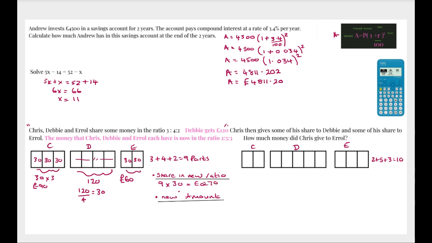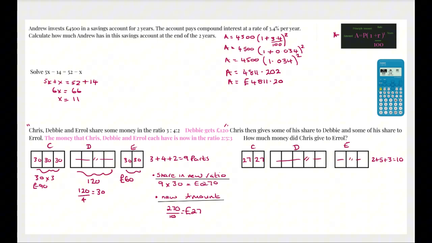So let's find out what our new amount is. So to do that, we'd the same in the new ratio, 2 5 3. We've added them up and we've got 10 parts. So now we're going to do exactly the same here. So the new amount will be 270 divided by our new parts, which is 10, which then leaves us with £27. So each of these is 27.